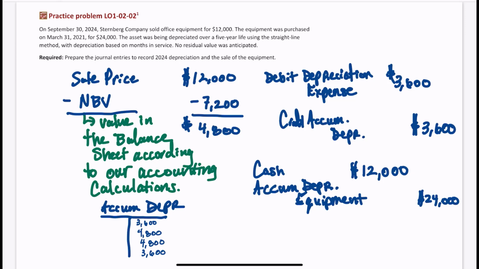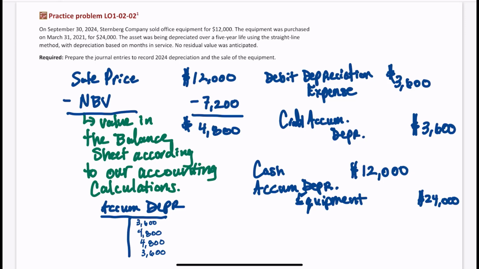What did I do here? Oh man, I fat fingered these calculator numbers. So 3,600 plus 4,800 plus 4,800 plus 3,600, $16,800. Okay. So we said we had $16,800 of accumulated depreciation.